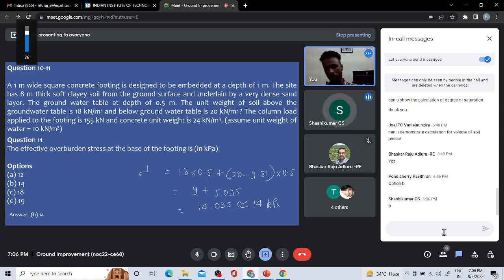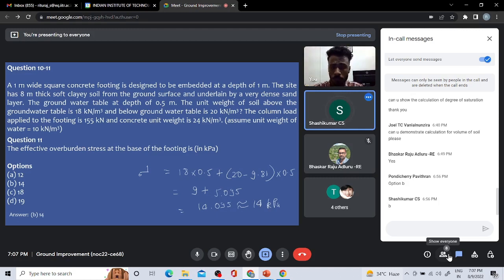Sorry, sir, I have one question. In the video, one problem was shown, maybe a similar kind. The soil has clay soil up to maybe 5 or 6 meter depth. The water table is there at 0.5 meter from the ground surface. Actually, the existing soil will be replaced with good soil for about 1 meter.